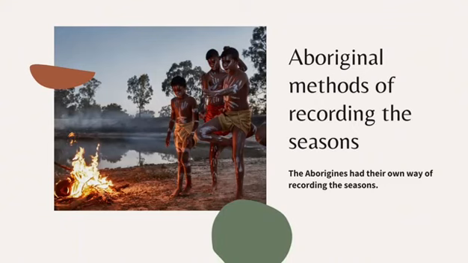In this ancient land, the Aboriginal people also had their own way of recording the seasons. They distinguished the seasons according to the growth of plants and the activities of animals, and gave these times different names.